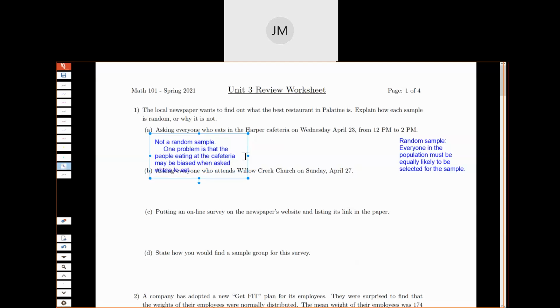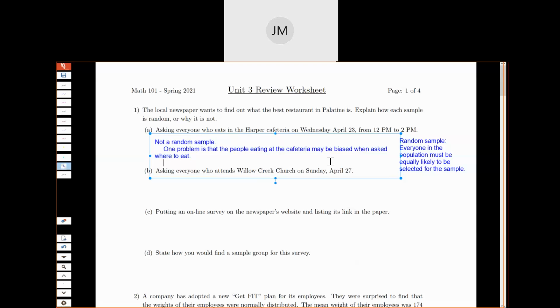Okay, one problem is that again, people might be biased when you ask them where they want to eat if you're going to an eating establishment. The other problem, just more generally, is that some people don't eat at the Harper cafeteria, right? Especially if you're not a student, if you're not associated with the college, and they could never be included in our sample. Okay, so we're definitely excluding, in this case, probably the majority of our population from being at all able to be picked in the sample.